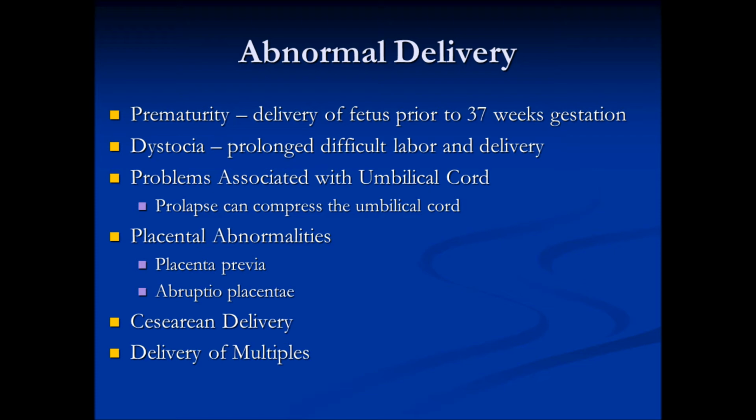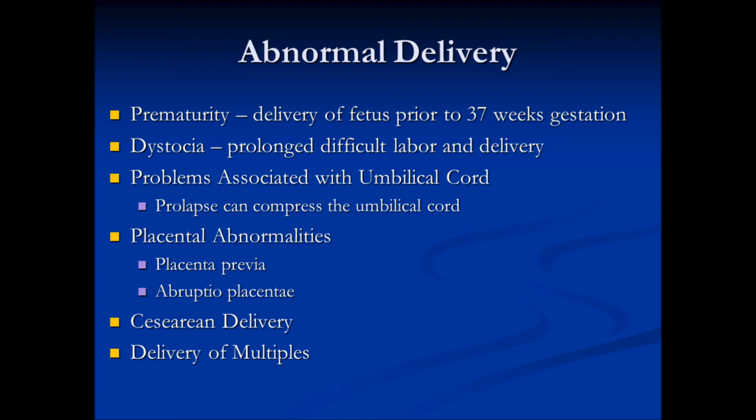Now, there are several things that can cause dystocia. The two common ones are problems associated with the umbilical cord, and then the other is problems associated with the placenta. You can also have problems associated with your uterus, but those are usually things like the head is too big to come out through the pelvic opening, rather.